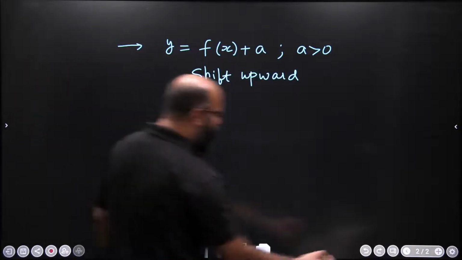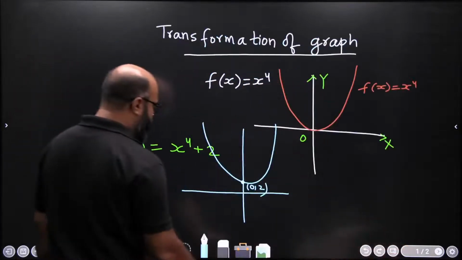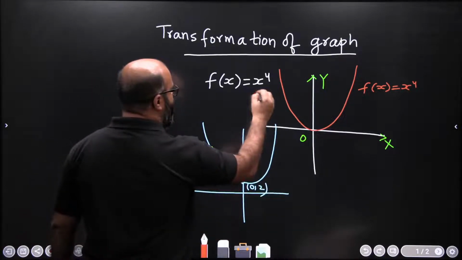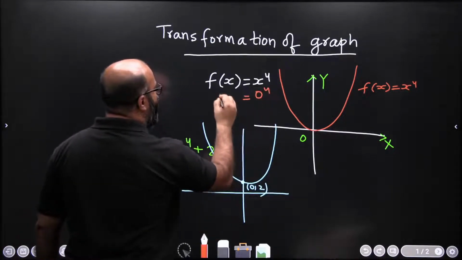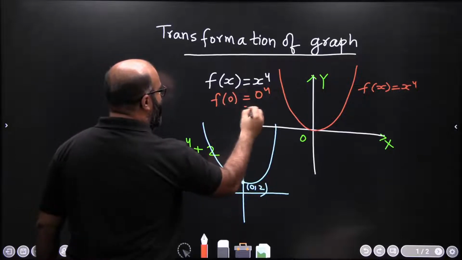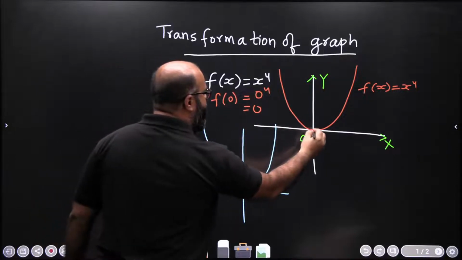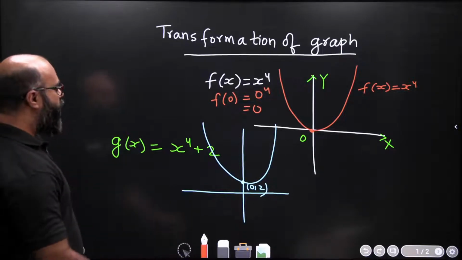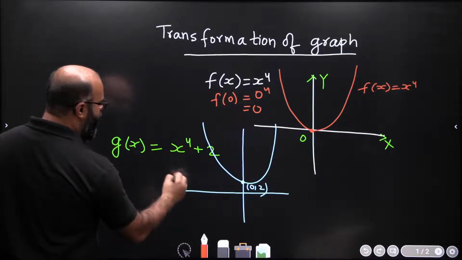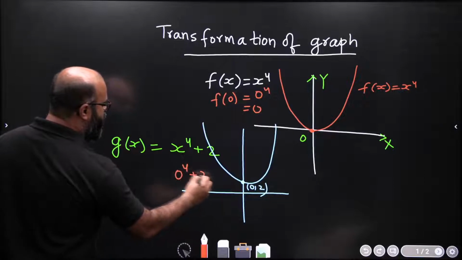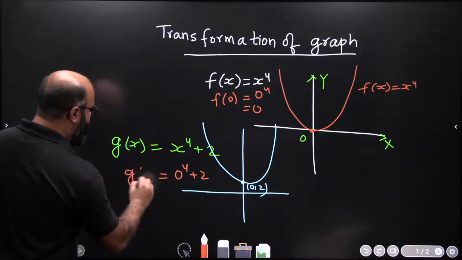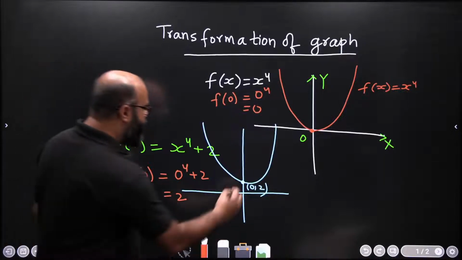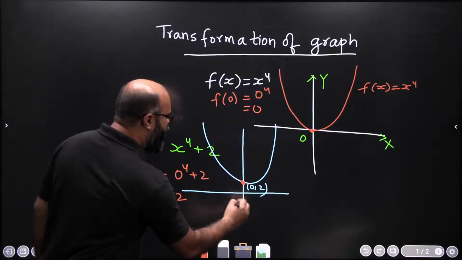Why is it so? Because when you put x = 0 here, you get 0 to the power 4, so f(0) = 0. This point is the origin, right students? Now if you put 0 here, then 0 to the power 4 plus 2, g(0) = 2.